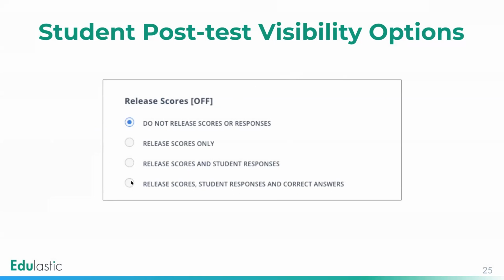So these two are in the free version, but we can get a little more nuanced and have a little more control in the premium version, where we can just release scores only, or we can release scores and student responses. So if you wanted to let students know how they did, but you didn't want to show them the questions again, releasing scores allows you to achieve that, but still have the security that you want in not having those questions go out for students to see again.